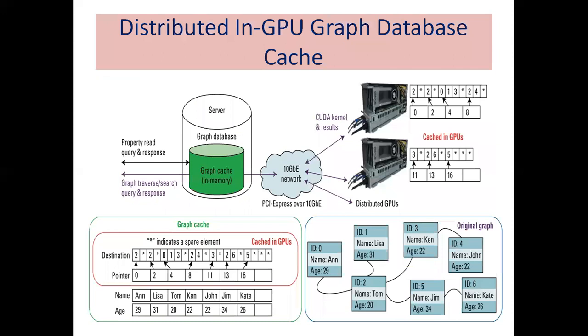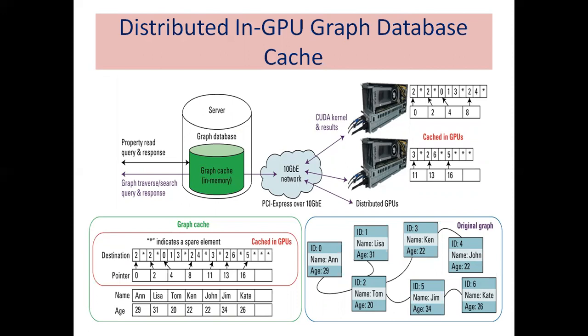Next, this is a small pictorial representation of distributed in-GPU graph database caching. Here we can see in the first diagram the server, graph database, and graph caching in memory, property read query, and response. Inside it, and outside are graph drivers, search query, and response.